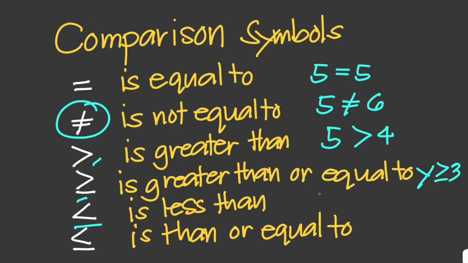Say, for example, 2 is less than 3. Then the next one means is less than or equal to. Say, for example, y is less than or equal to 5. This means that y can be 5 or any number less than 5.